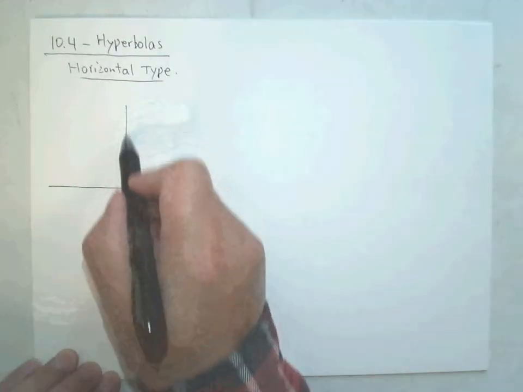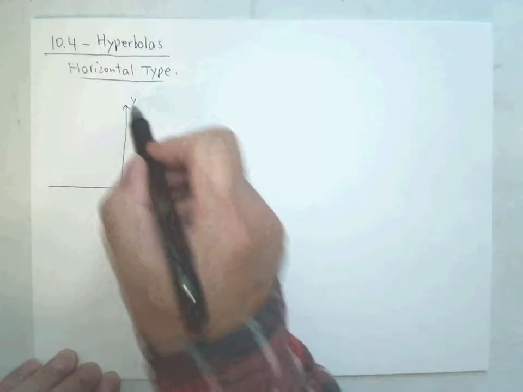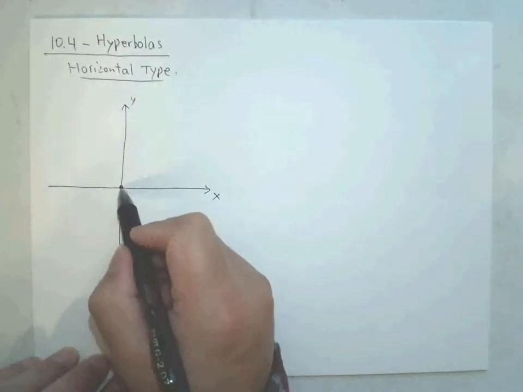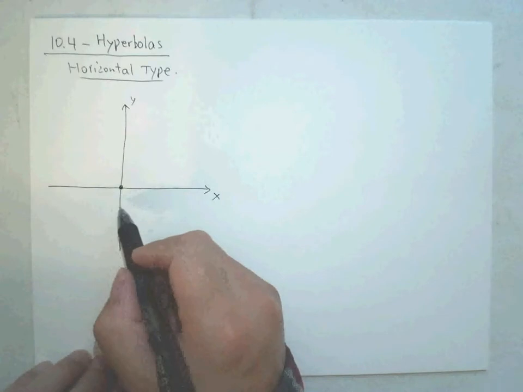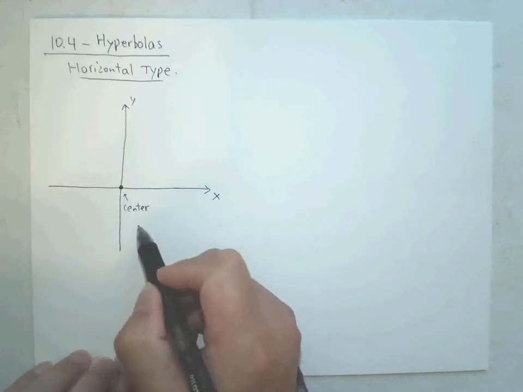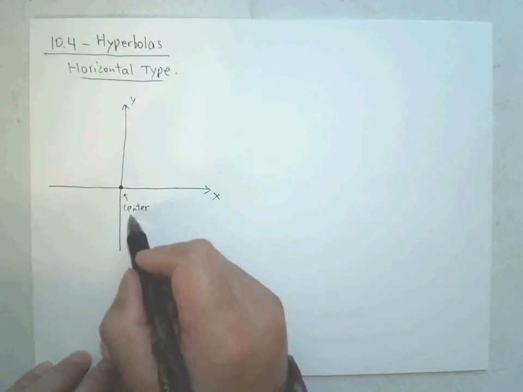If this is y and this is x, I put the center of the geometry here. So this is the center of the hyperbola, in this case (0, 0).